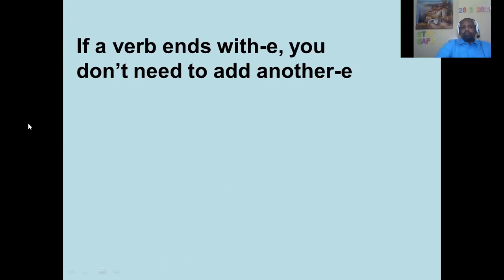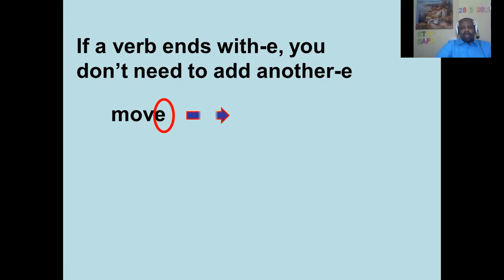Now, remember this. If a verb ends with E, you don't need to add another E. Look to this verb, move. Ends with E. And the rule said we add ed.